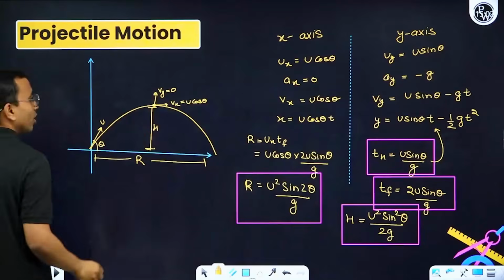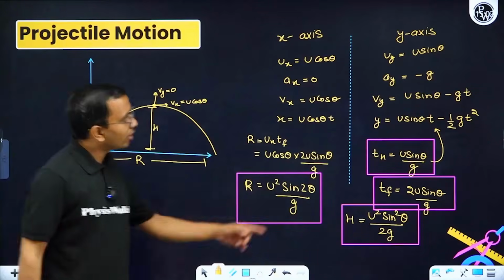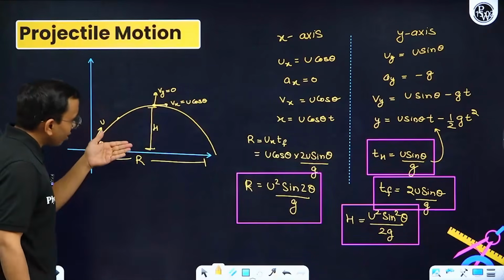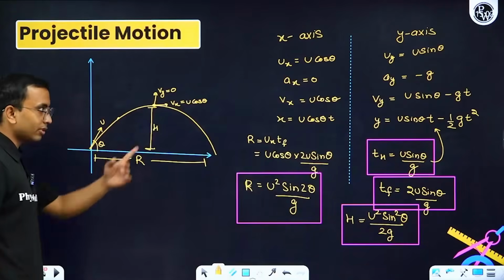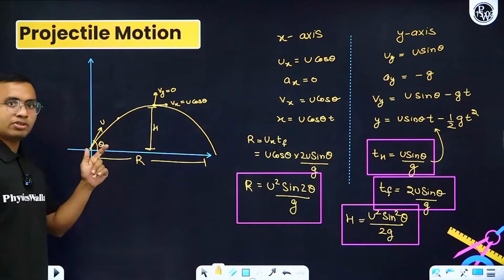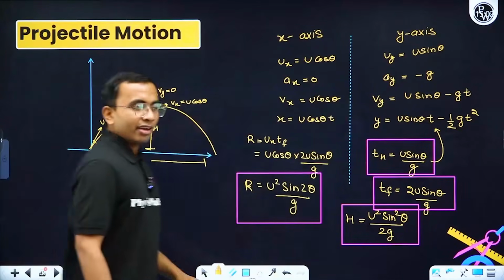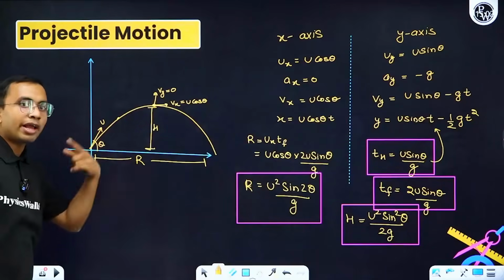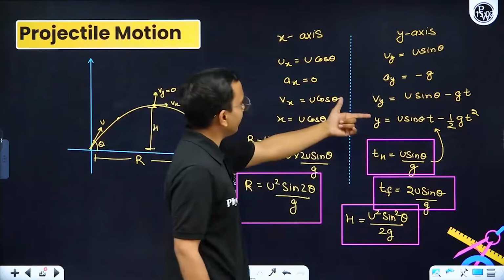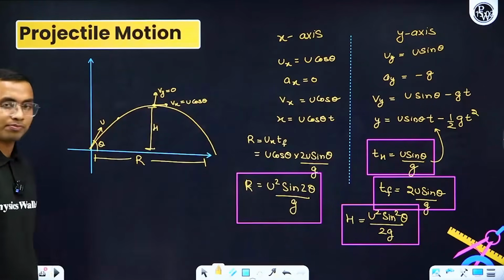If it asks at what time it will reach a particular height, you'll use this equation. At what time it will reach a horizontal distance, then again you need that equation. And if it asks what is the velocity at a time, find ux, find uy. At that particular time, what is the angle of the velocity with the horizontal? Tan theta is vy by vx, find vy, find vx, divide that.